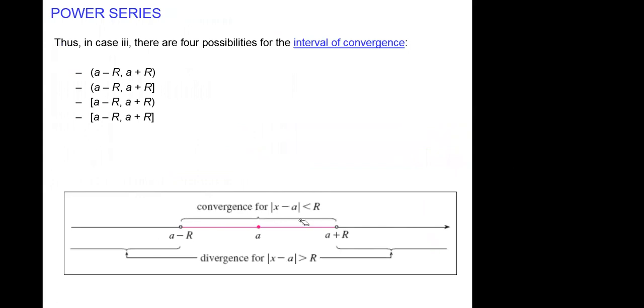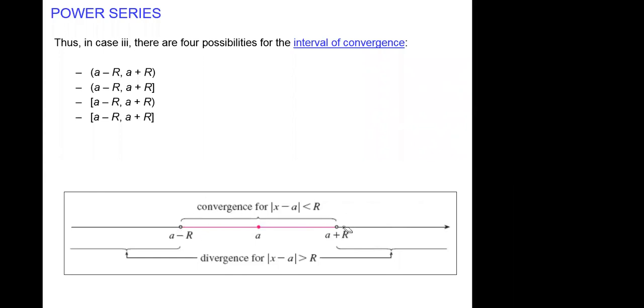This is just to have a visualization of what I was saying. We can see the pink is the interval of convergence. That's the center, and of course, a plus the radius will give me one endpoint. A minus the radius will give me the other one.